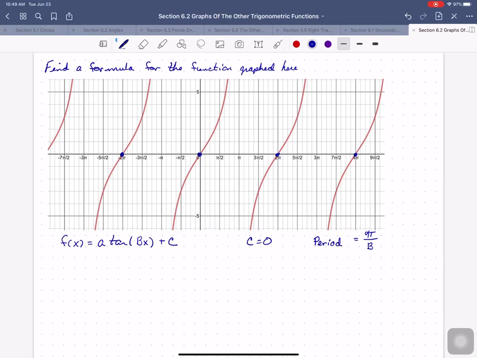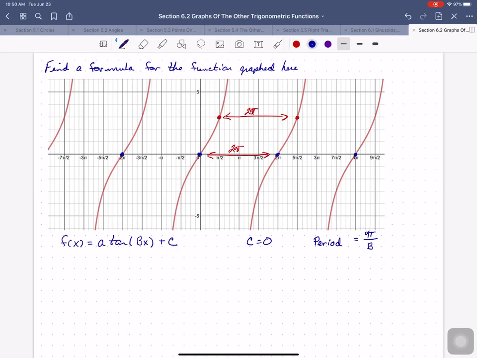Tangent only has 1. And so we can see that the distance between those x-intercepts is 2 pi. Or we could have done this a little differently. We could have looked at this point here, where x equals pi over 2, and marked where it repeats itself, and we still would have seen that that distance is 2 pi.